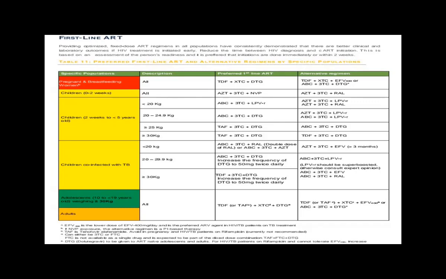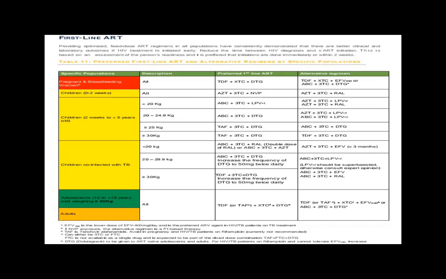We're going to increase the dosage of dolutegravir because in co-infection with TB, the isoniazid or rifampicin will reduce the dosage of dolutegravir. So therefore, we'll double the dosage or increase by 50 milligrams twice daily.